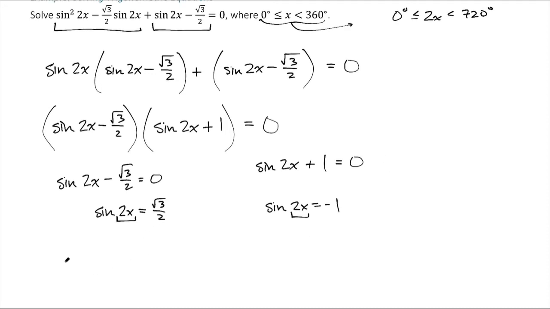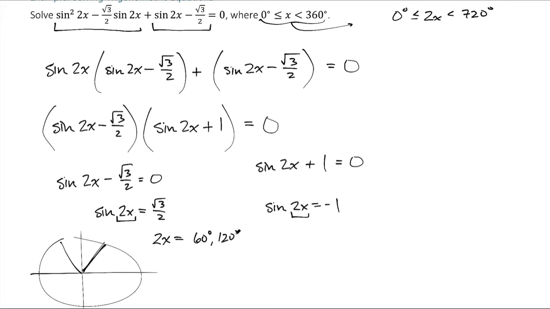So let's go ahead and do that. In our unit circle, that's nice and very sloppy, my sine is root 3 over 2 up here and up here. So those spots, I need to write what those spots are, all the values between 0 and 720 degrees. This first one is at 60 degrees. The second one is at 120 degrees.